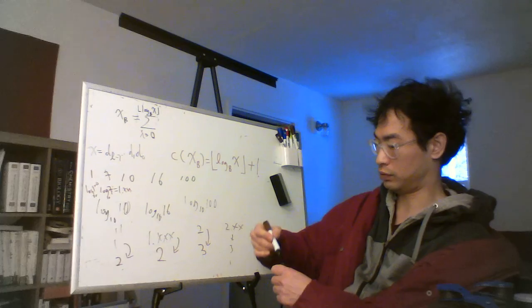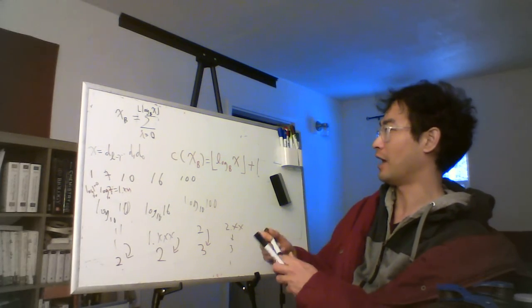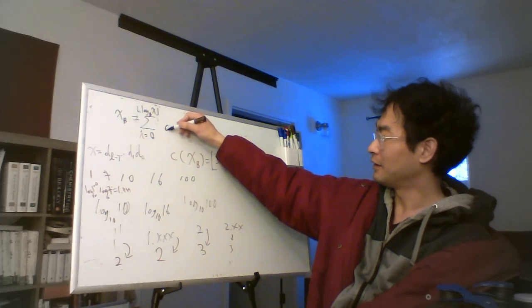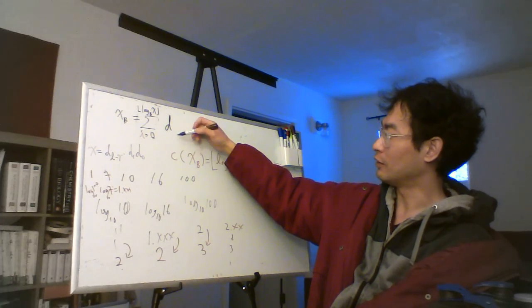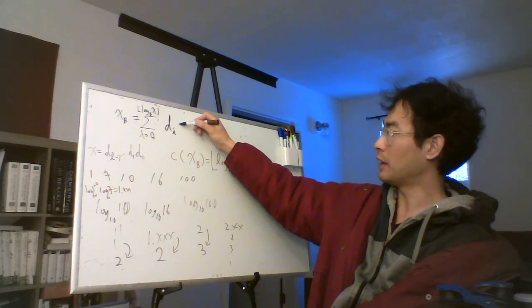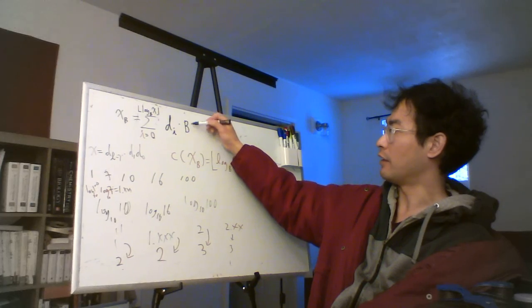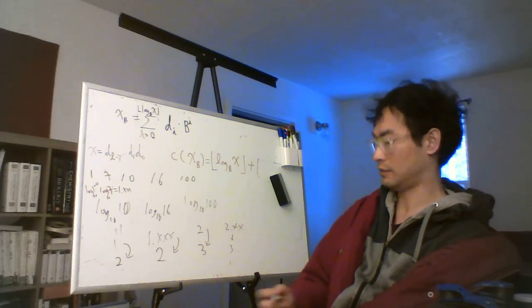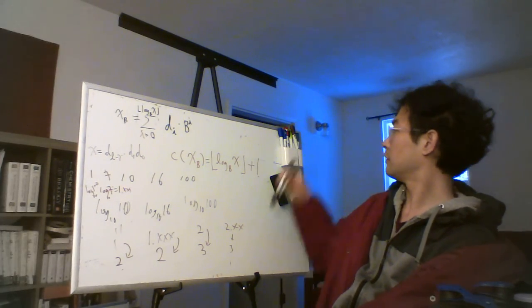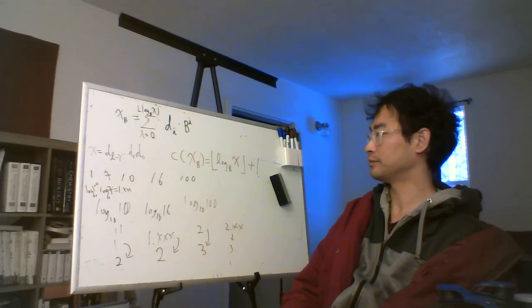So d_i multiplied by b to the i. This black pen is totally worn out.